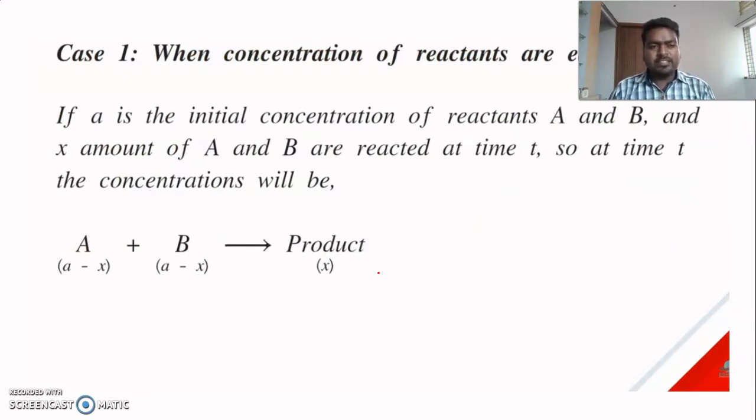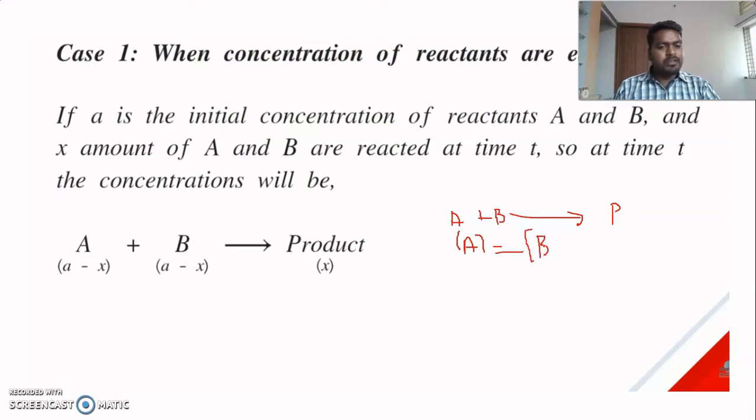Here 2 cases are possible. Let us consider the reaction A plus B gives product P. Sometimes the rate of reaction depends on the initial concentrations of reactants A and B. Here there are 2 possibilities. Sometimes the concentration of A is equal to B, and at that moment the rate expression is different.